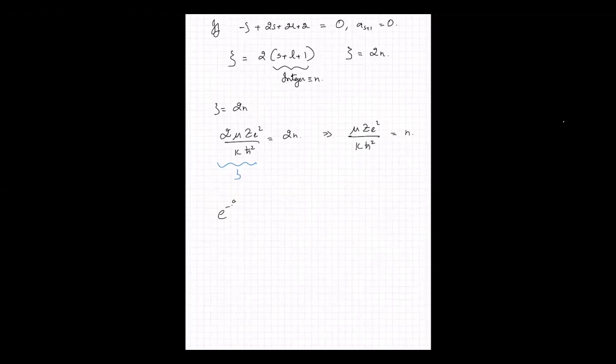If you look at e to the minus 2 rho, this would be the sum over s from 0 to infinity of (−2)^s rho^s over s factorial. So a_{s+1} divided by a_s would be (−2)^{s+1} over (s+1) factorial, times s factorial divided by (−2)^s.